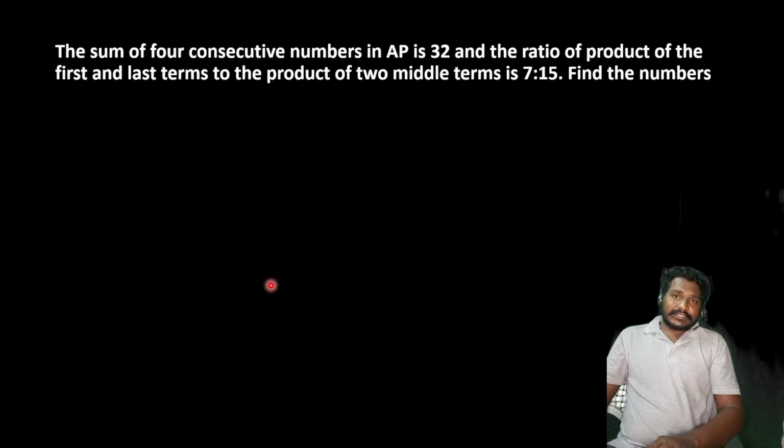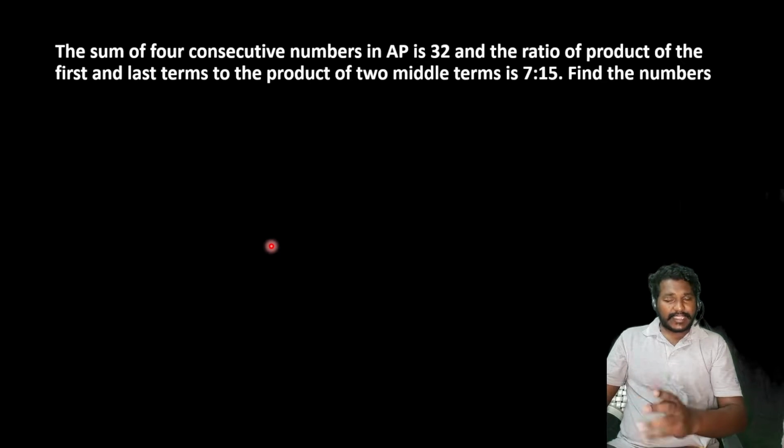There is no particular definition that they should be separated by a gap of 1 or 2. In even numbers and odd numbers the gap is 2, but in natural numbers the gap between consecutive numbers is 1.